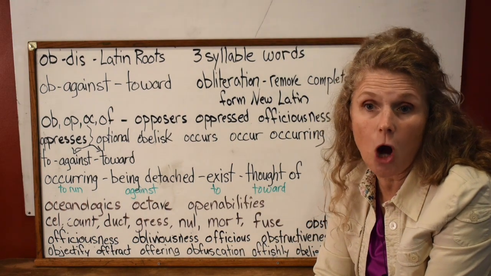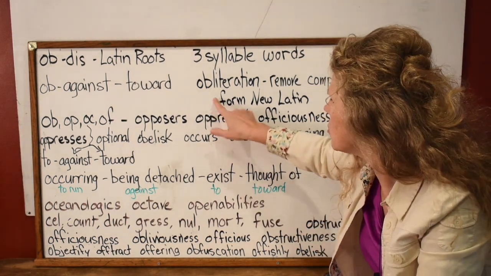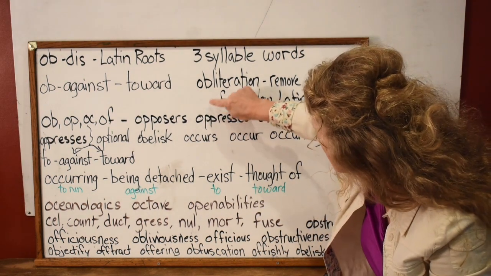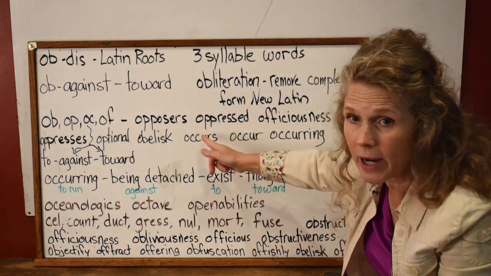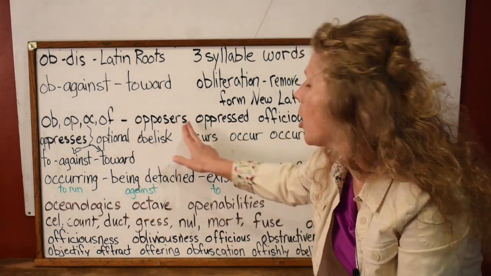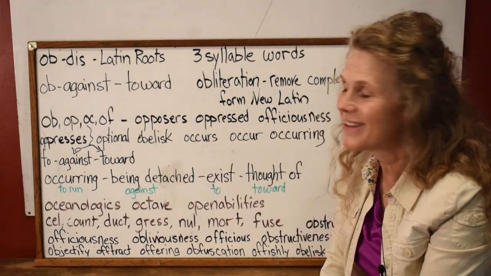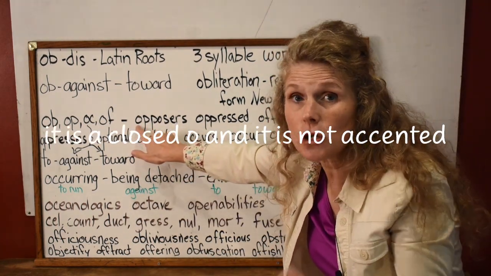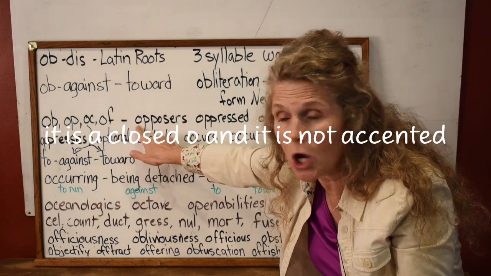It's not saying oppressed, because closed syllables force your vowels to be short. This is a closed syllable. If you divide it right in the middle, right here, you guys, this is going to say a short sound. Do we say opposers? We don't. You say opposers. This turns to schwa because it's a closed O.